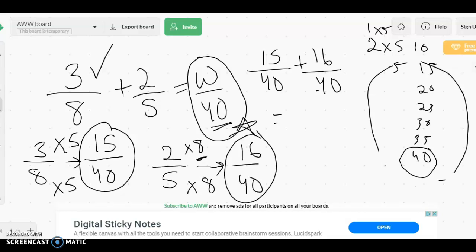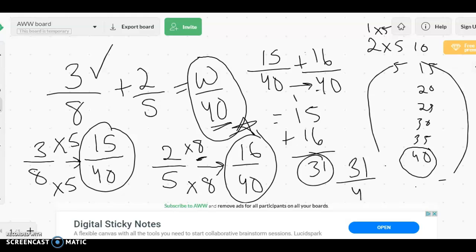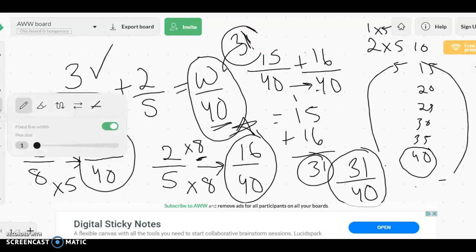I have 15 plus 16, so that's 31 for the top. And then remember that 40 stays the same on the bottom, so my answer ends up being 31 over 40. So what does W equal? W equals simply 31. There we go. Cool.